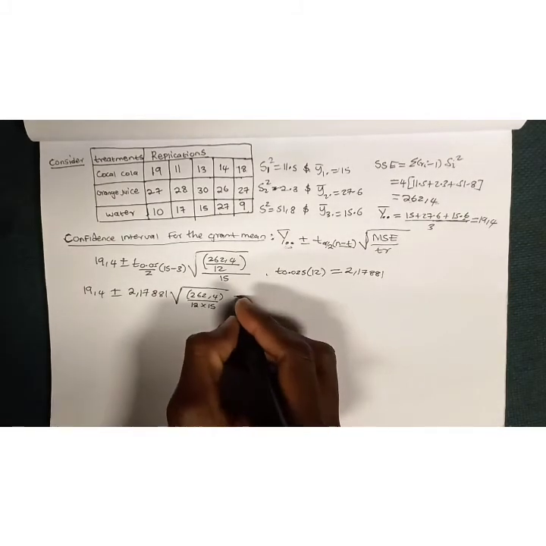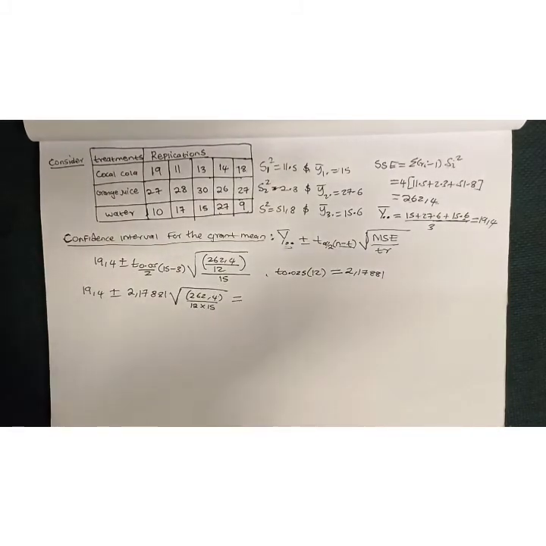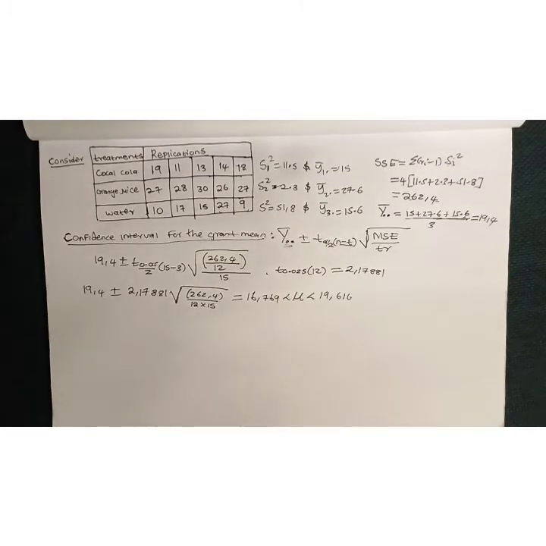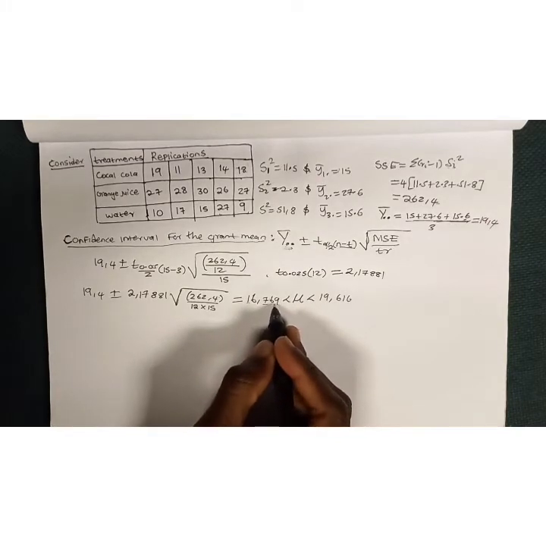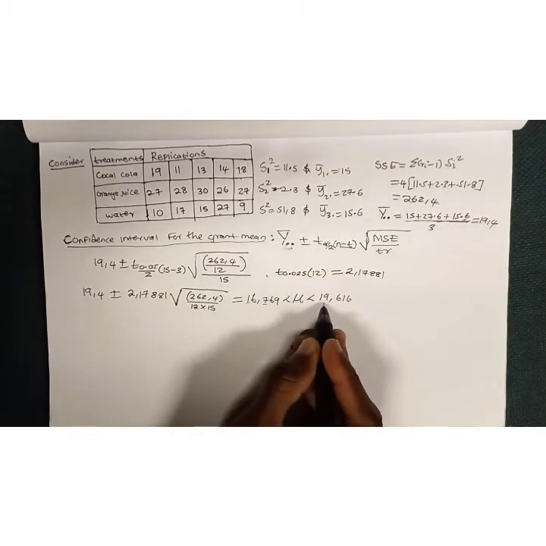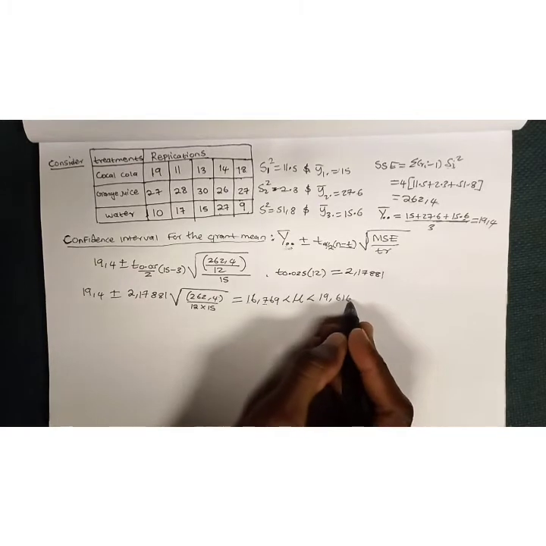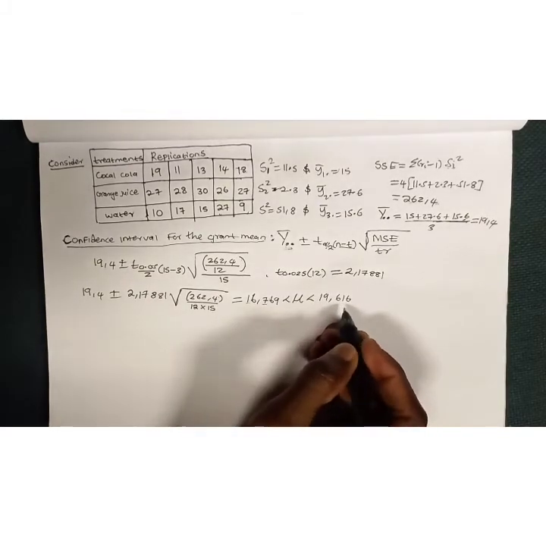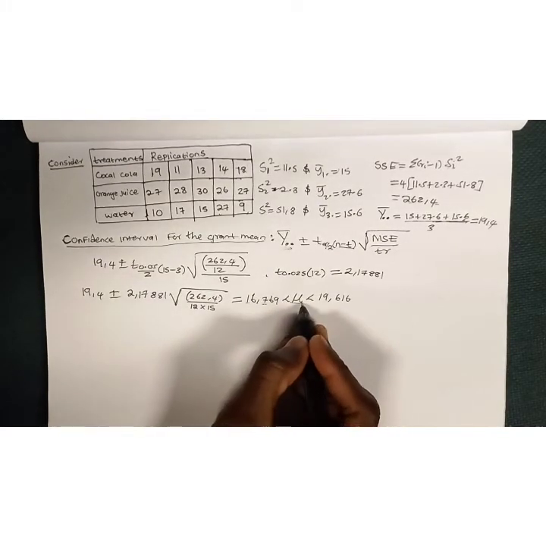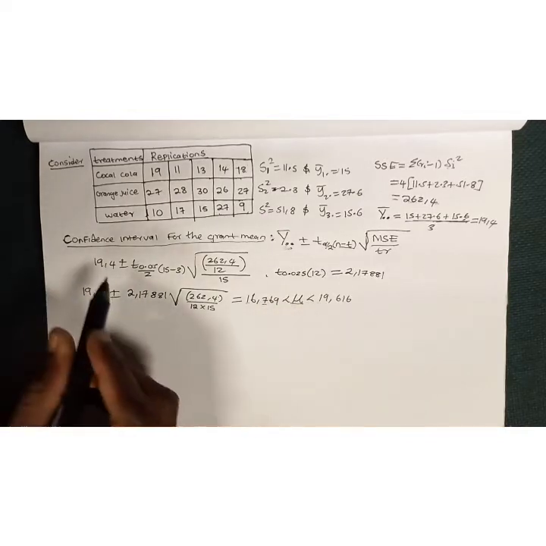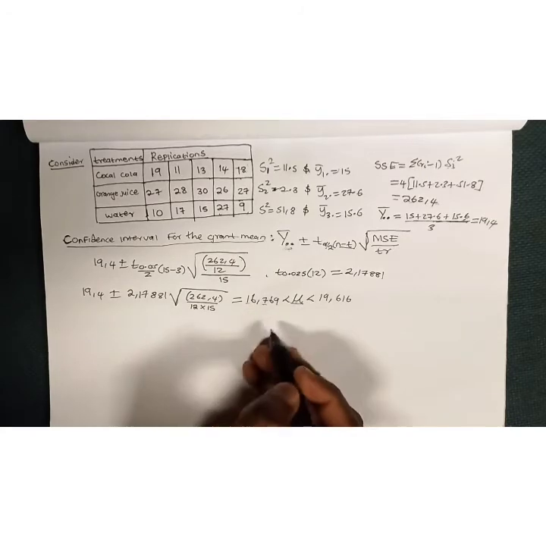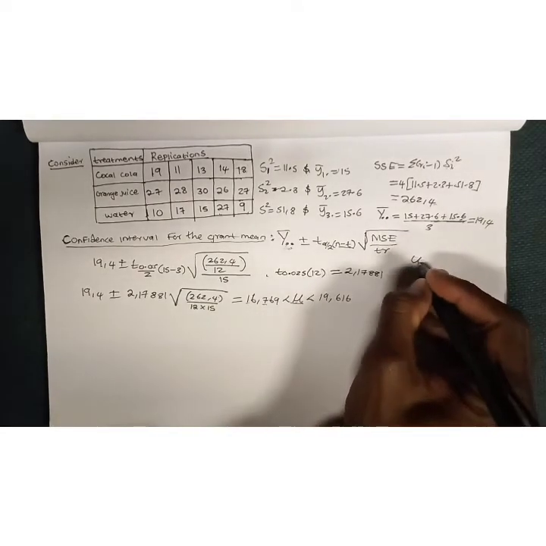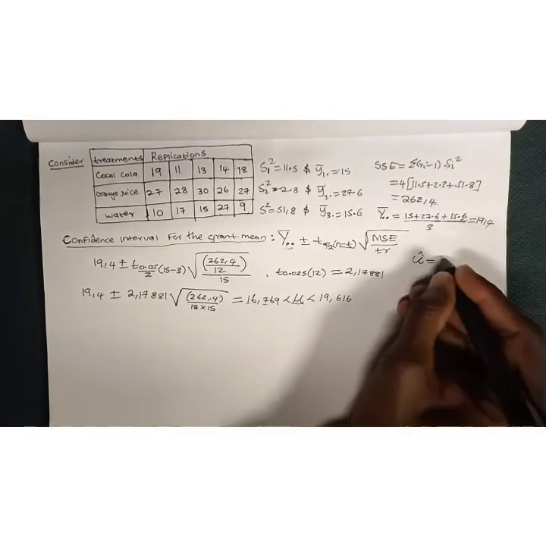So my answer will be that the population mean is greater than 16.769 and less than 19.616. This is the population mean because the grand mean is just the estimated population mean. Don't forget that this is our grand mean.